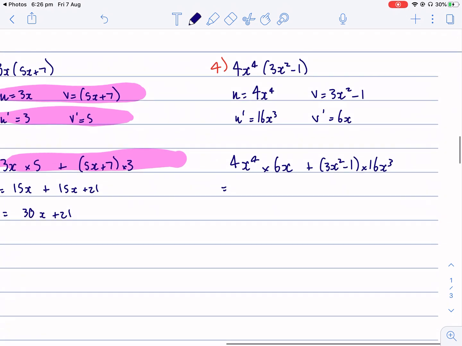Gives me 24x to the 5 plus 16 times 3, 48. 48x to the 5 take 16x cubed gives me 72x to the 5 take 16x cubed.